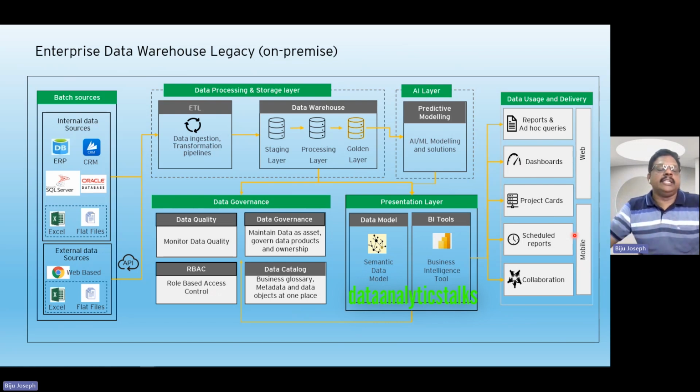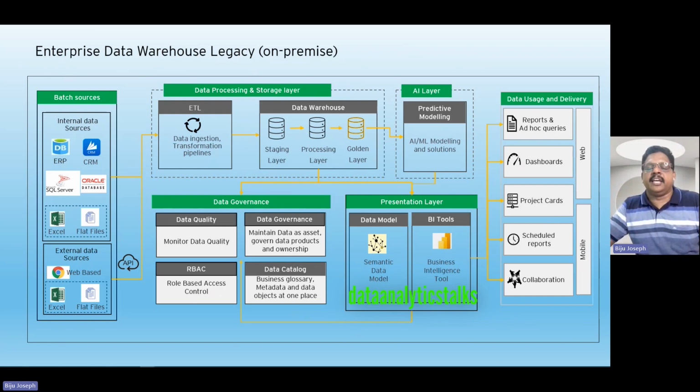Then coming to the ETL process, the extract, transform, load process was used to clean, transform, and load data into the warehouse. This process could be complex and time-consuming. Then we have the limited scalability. It's all set up in-house. It's all built on some physical systems. So adding additional memory, additional workload, nothing was possible.